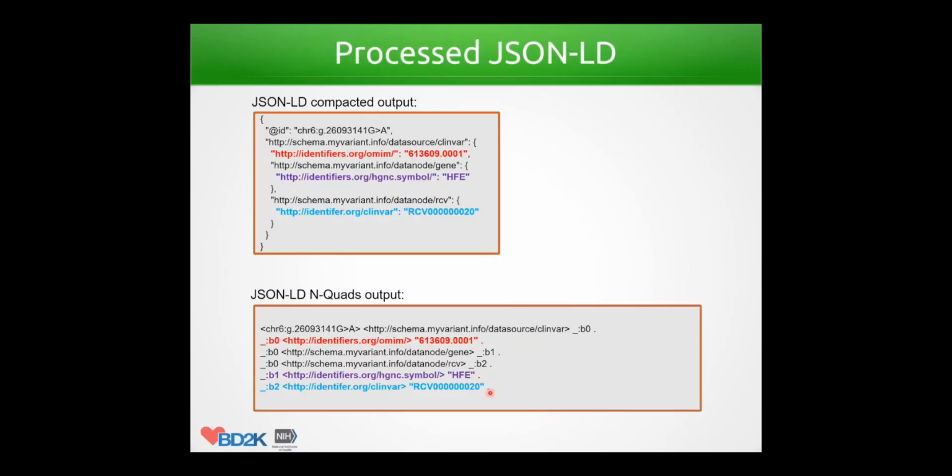So this gives the end user a very easy way to generate a flat list of the output, so that you can easily retrieve, give me all the ClinVar IDs associated with this particular variant. So it's very easy to parse, regardless of how the API developer organizes their data structure and how they name their keys in the JSON object.